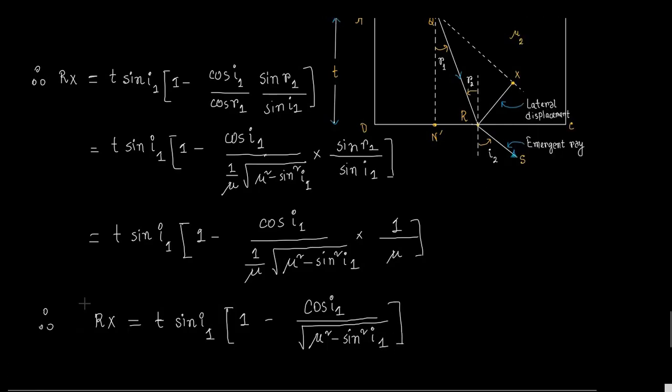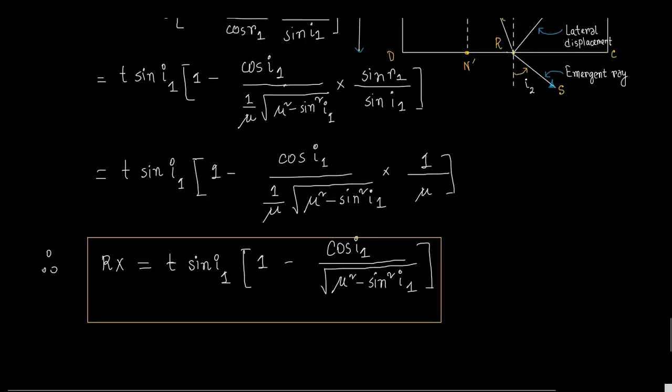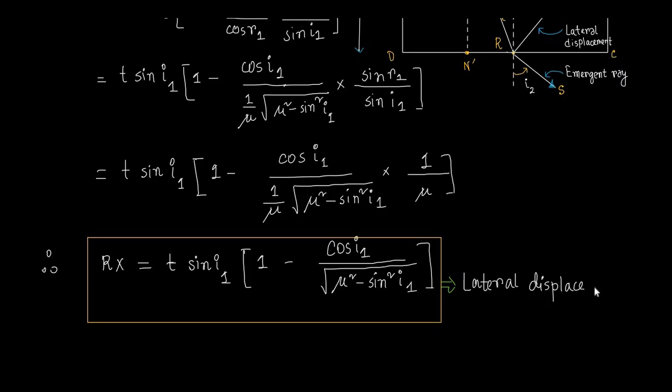So this is another expression of lateral displacement. Rx is equal to T sin I1 into 1 minus cos I1 divided by mu square root over mu square minus sin square I1.